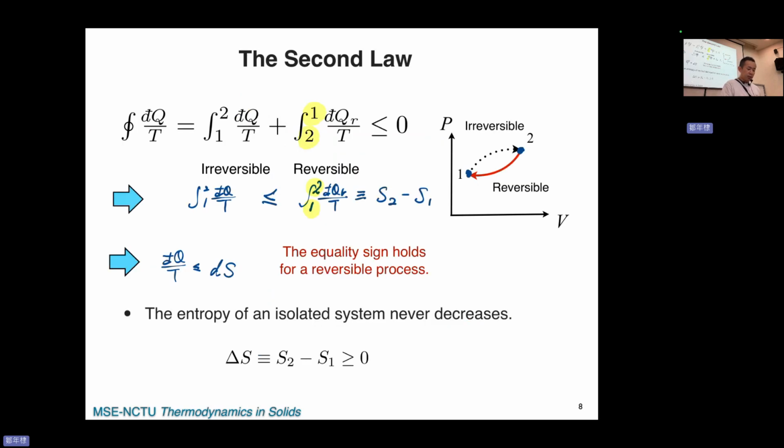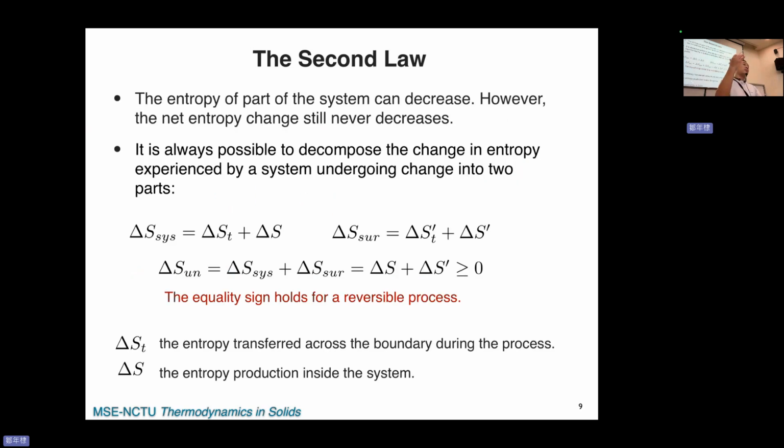And then we talked about the second law: S is a state variable, not depending on path, and the system during the process will never decrease its entropy. We stopped there, and now we proceed.